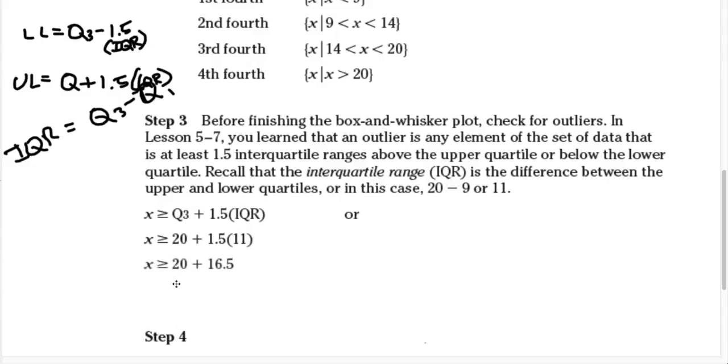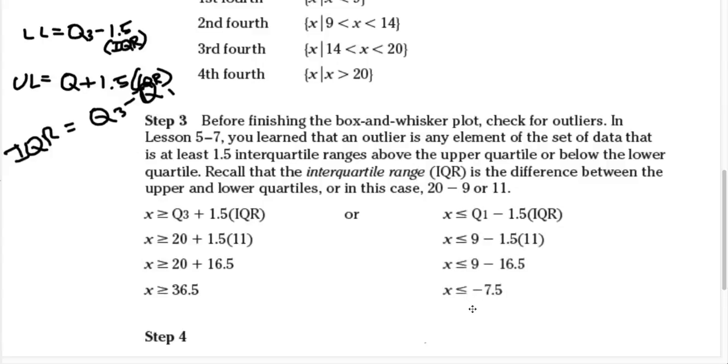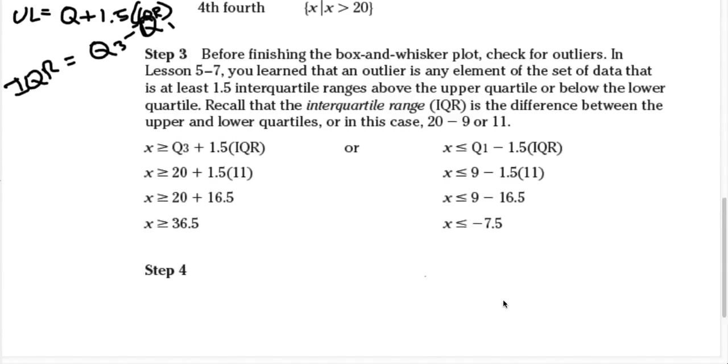So for our upper limit, X is greater than or equal to 20 plus 16.5, or 36.5. Anything beyond that will be considered an outlier. And on the lower limit, X is less than or equal to Q1 minus 1.5 IQR. Our Q1 is 9, minus 1.5 times 11, will give us X is less than or equal to negative 7.5. Any value below negative 7.5 will be considered an outlier.